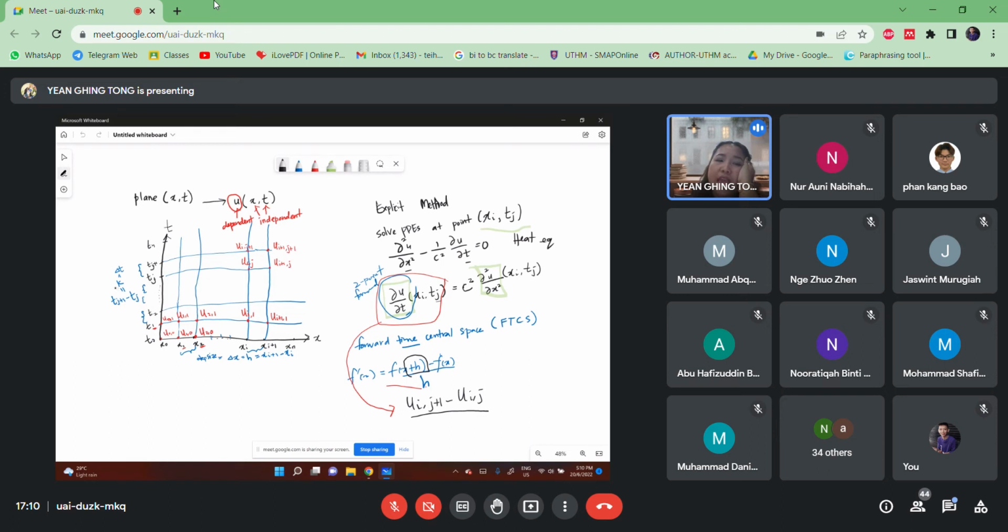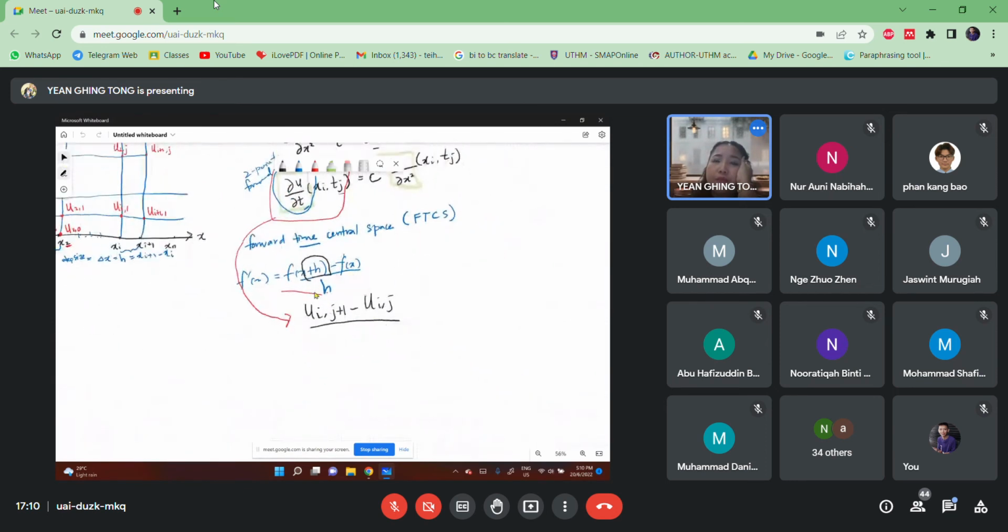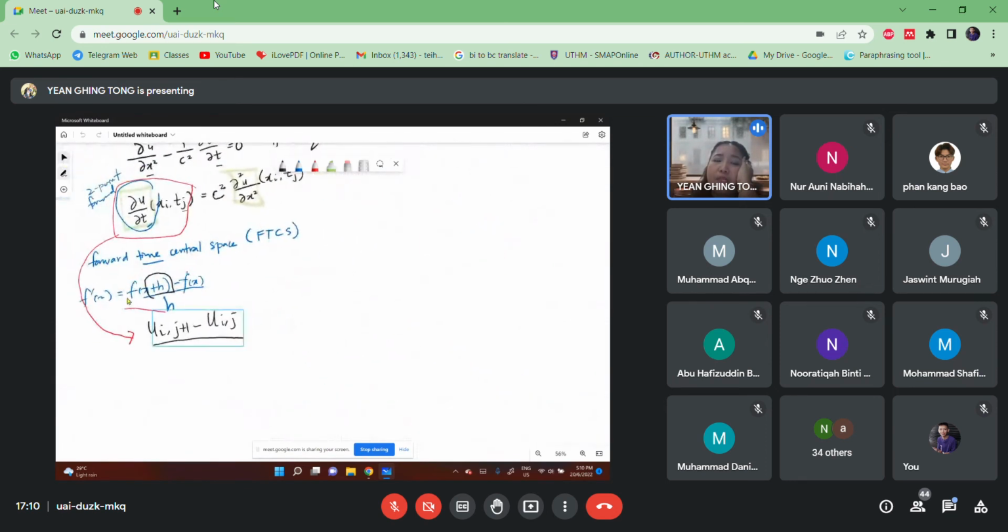So this one is k, the step size. So here also we use k. So we do not use h like in the finite difference of chapter 5. So here we will use k. Okay, this equals c square.